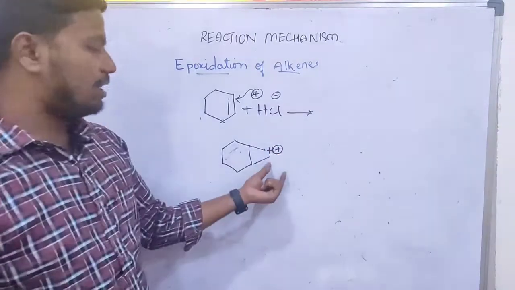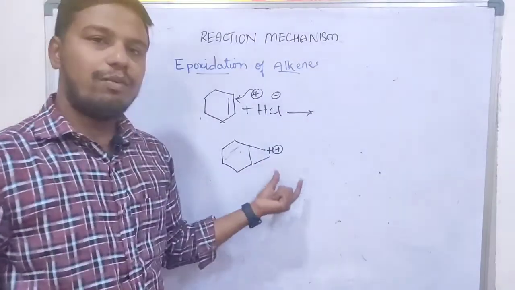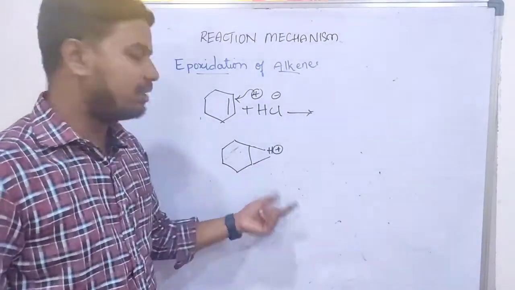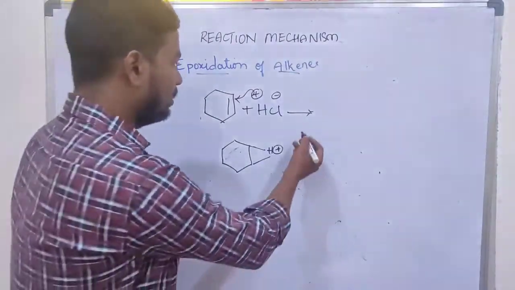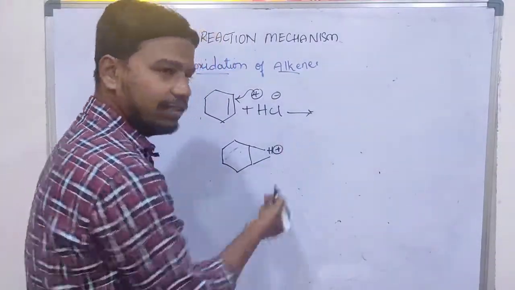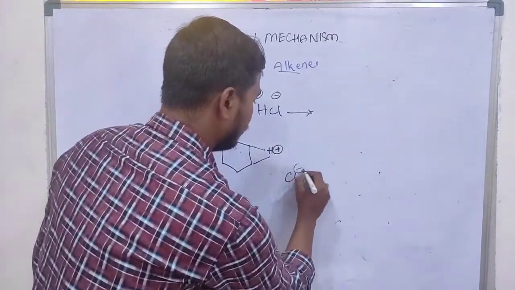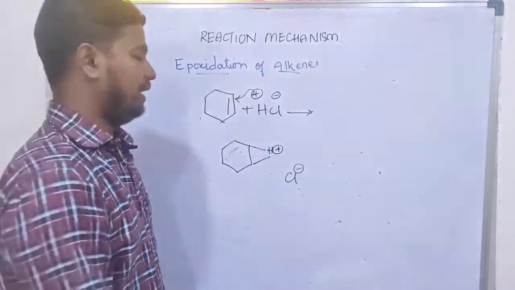I have given a positive charge to hydrogen because hydrogen can form only one bond, so there is an extra bond here. Whenever chlorine is there in the reaction mixture, it acts as a nucleophile, but it is a very weak nucleophile.